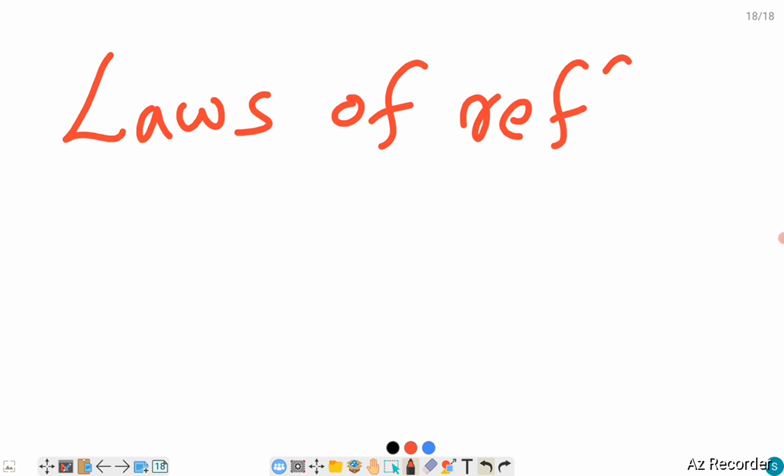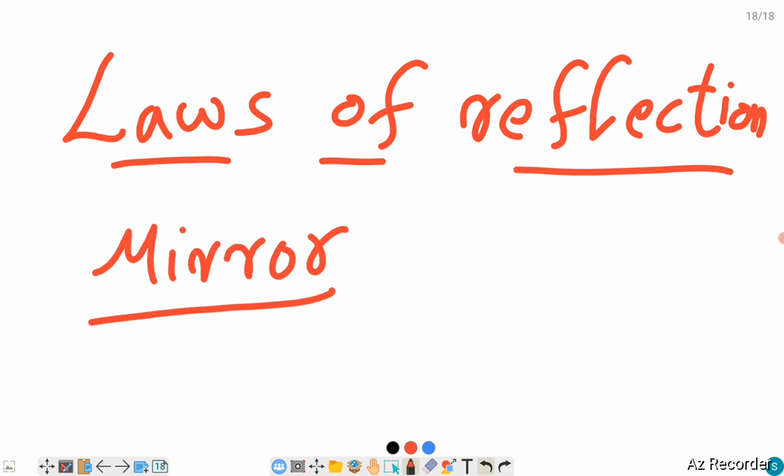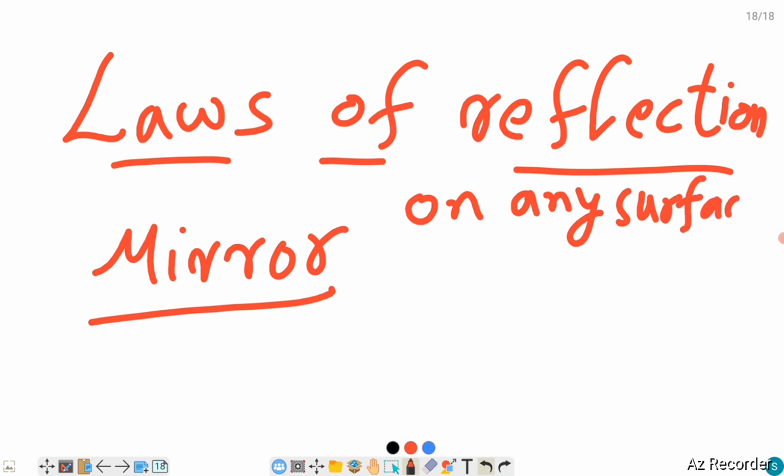For this, you can take any object, but here for this to take a surface, we take mirror. It is possible to take the laws of reflection on any surface. Okay, there is no problem. But we generally take the mirror.